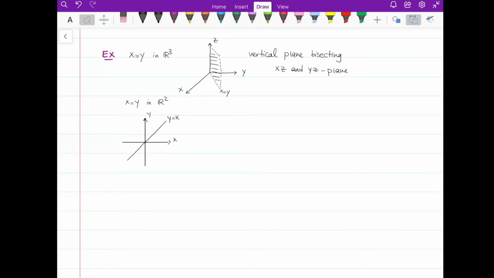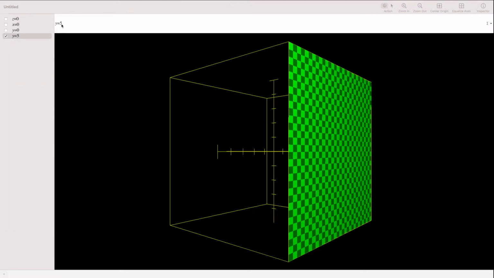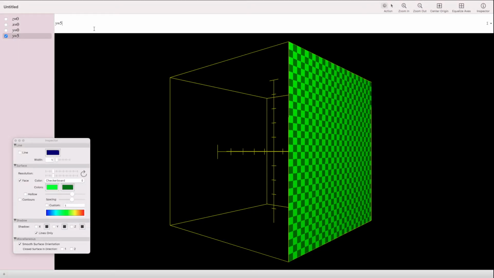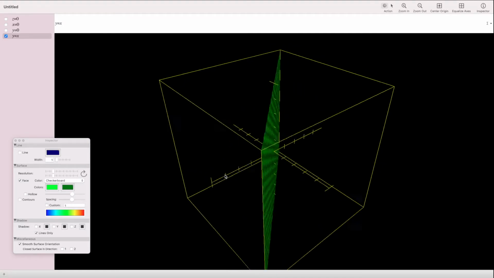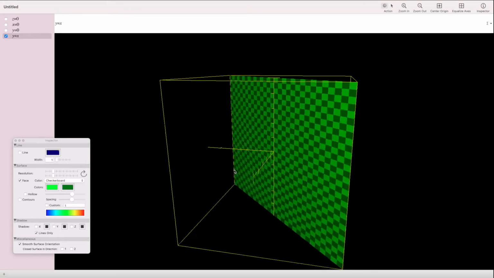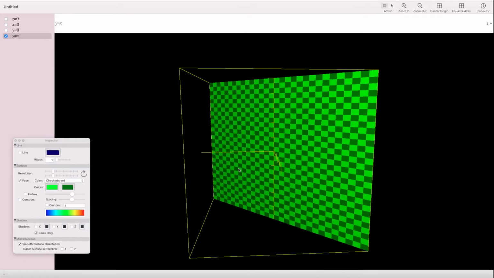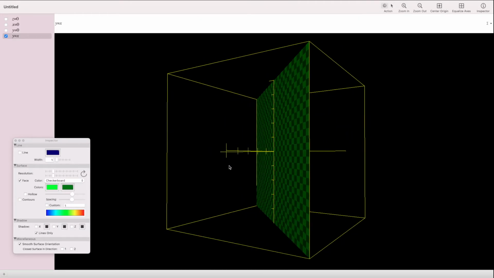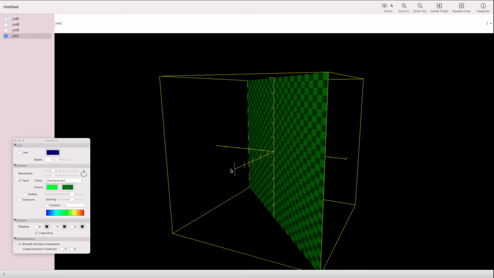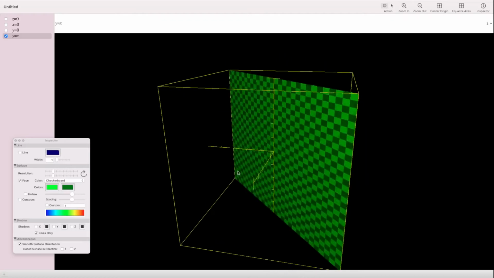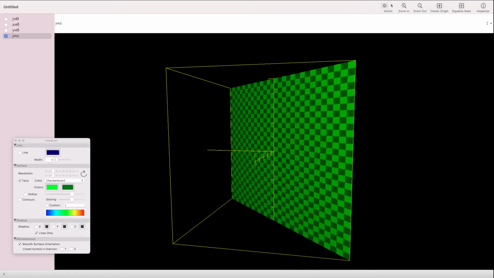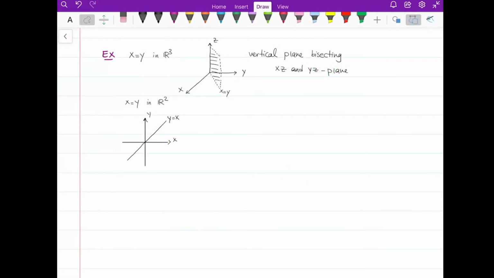Okay, let me graph it for you. See, y equals x. You see, that's this plane. z is free, so z can be anything. But x and y, so this is the set of all the points where x and y are equal to each other, but z is free. So this is that.